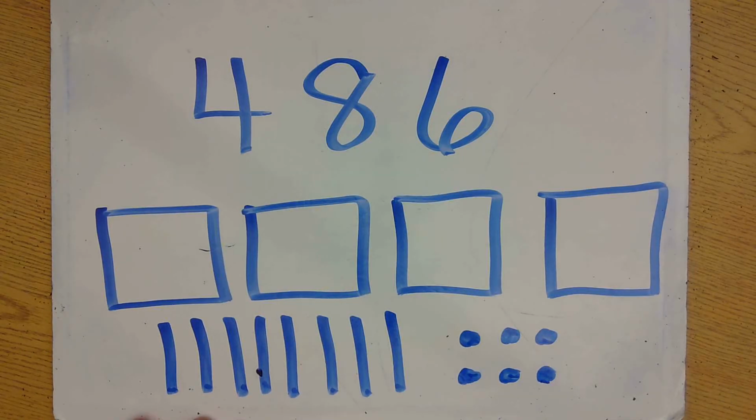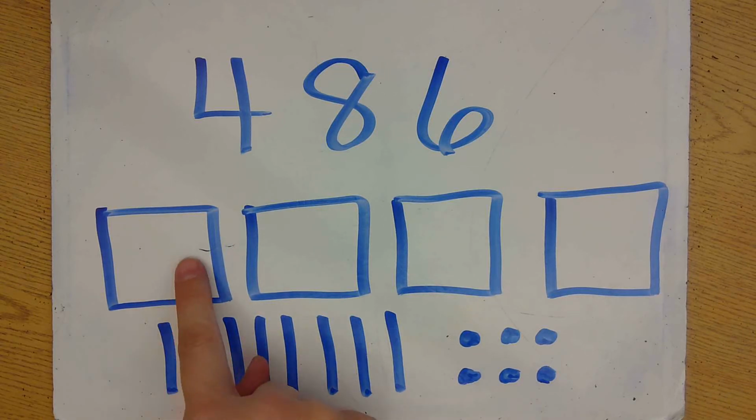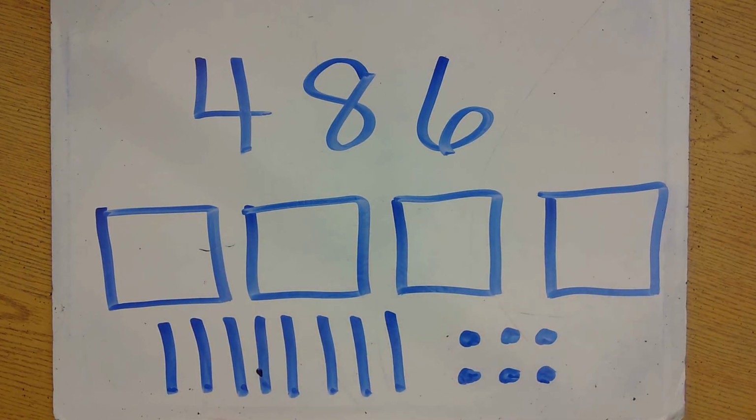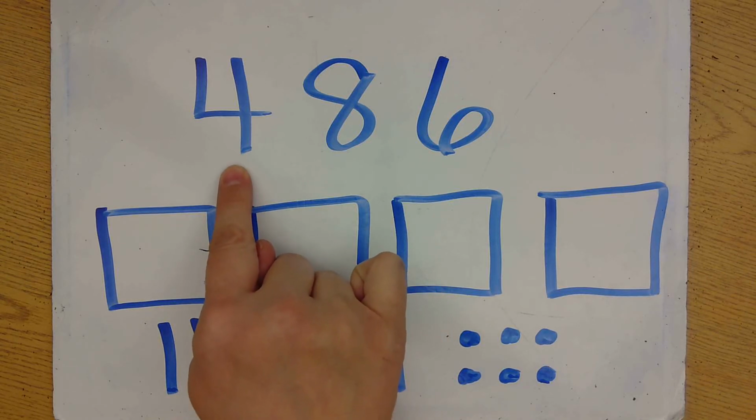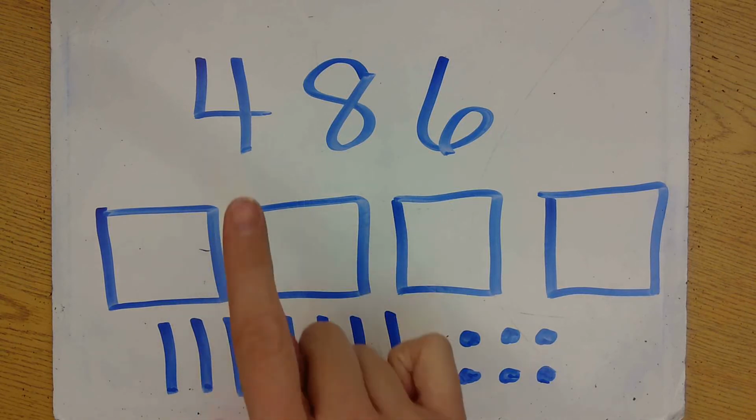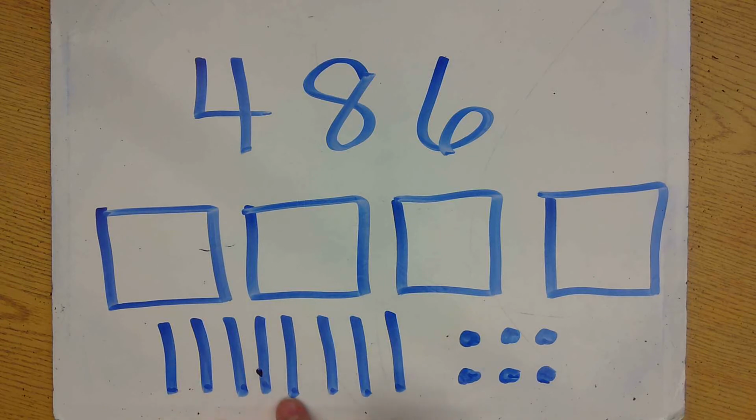Your board should look something like mine. In base 10 blocks, this says 486. There are 4 flats representing the 4 in the hundreds place. There are 8 longs representing the 8 in the tens place. And there are 6 cubes representing the 6 in the ones place.